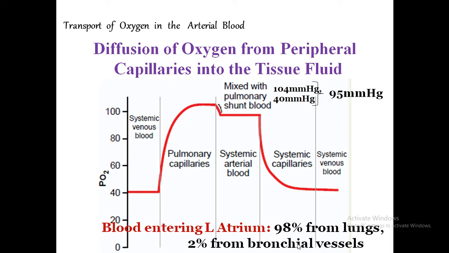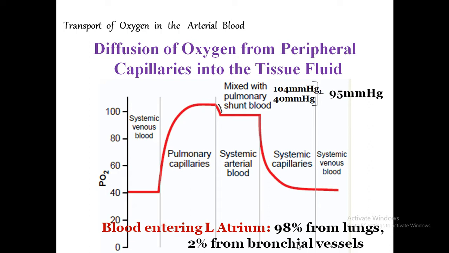We have already discussed that the lungs have pulmonary circulation and also bronchial circulation. Through the pulmonary circulation, oxygenation takes place, and through the bronchial vessels, the parenchyma, the lung substance itself, gets its nutrition, and the waste products are removed.